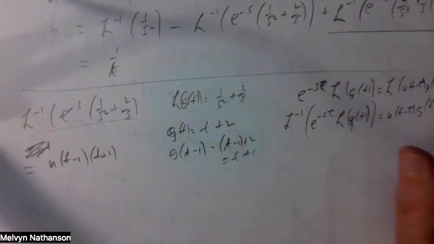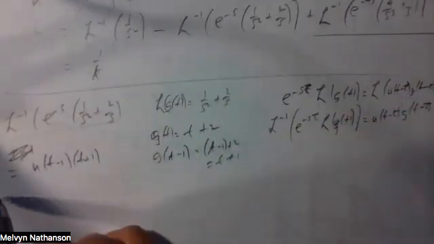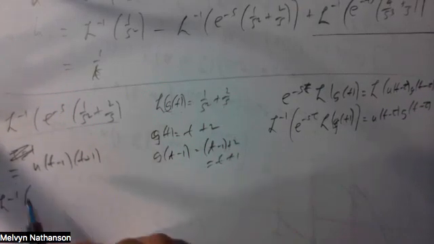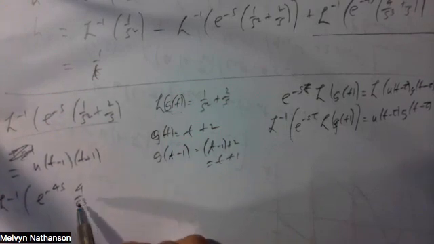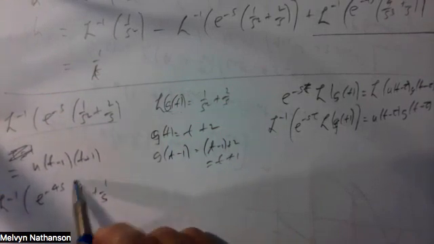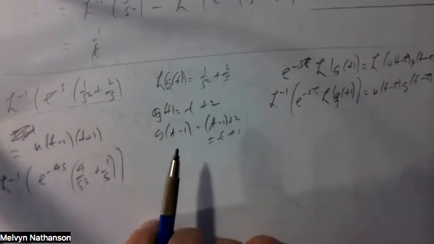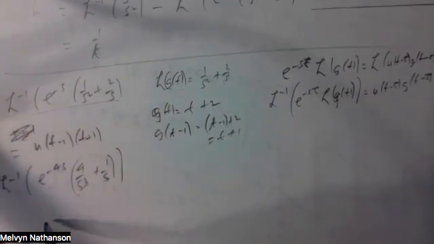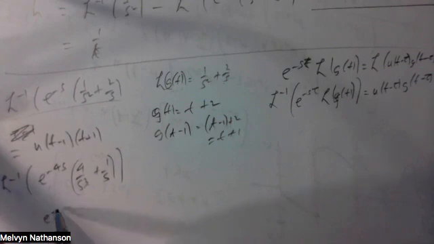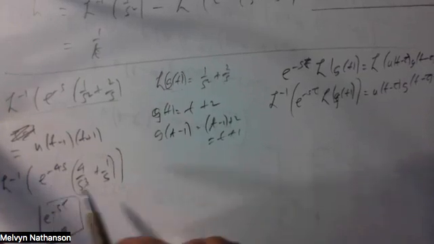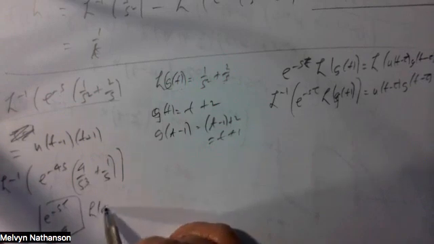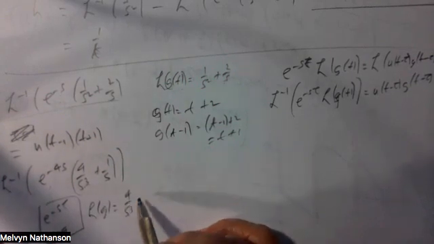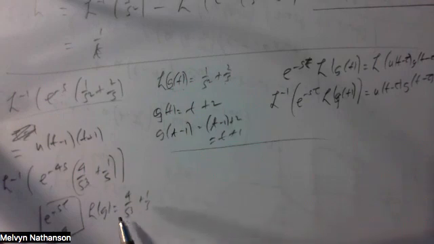What about this function? We want to find the inverse Laplace transform of e to the minus 4s, 4 over s cubed plus 1 over s. So this is of the form e to the minus s tau, where tau is equal to 4, and the Laplace transform of g is 4 over s cubed plus 1 over s.